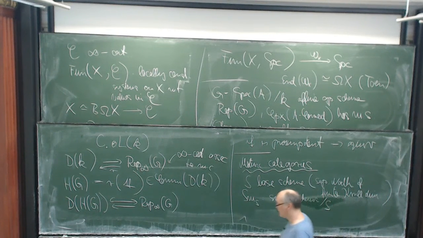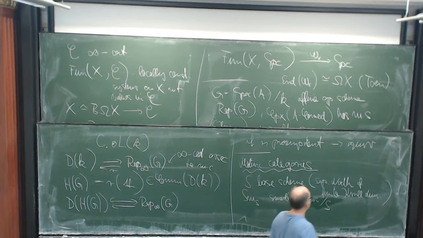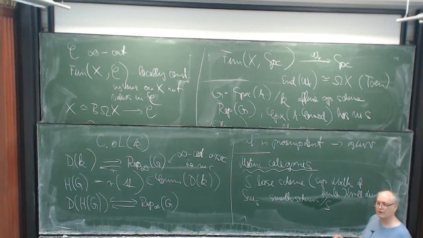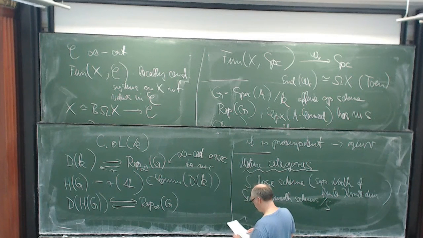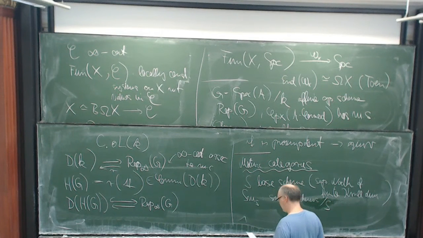But because P1 in the end has an S1, a simplicial S1, as a factor, we can do it at once. We can first look at the sheaves of spaces, which is the unstable motivic category, and then directly take P1 spectra in this category.